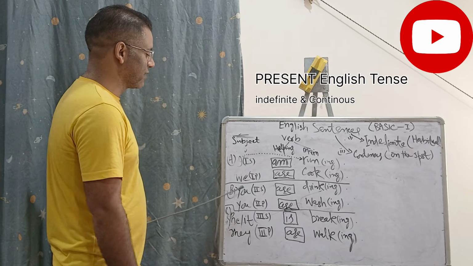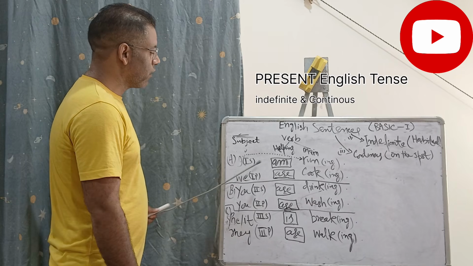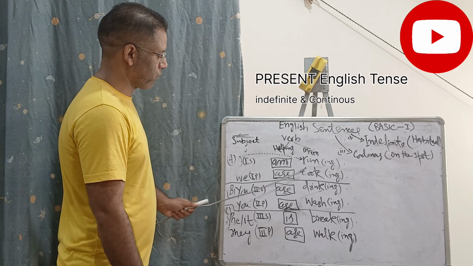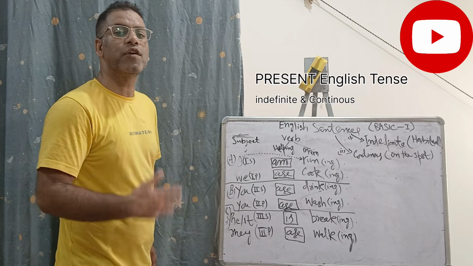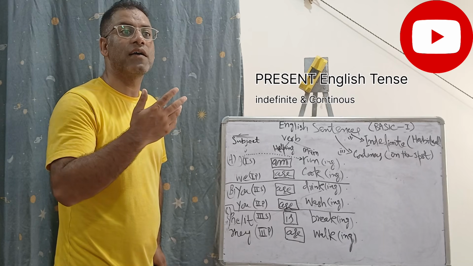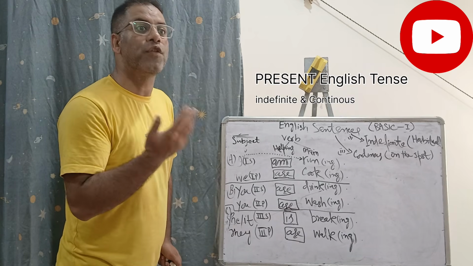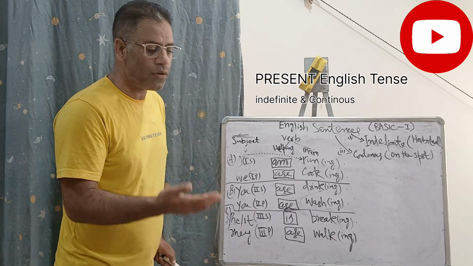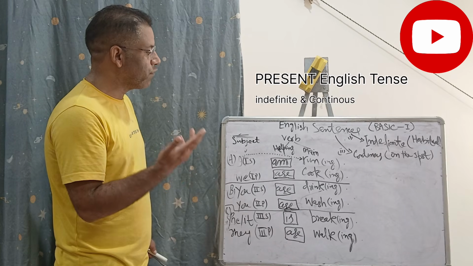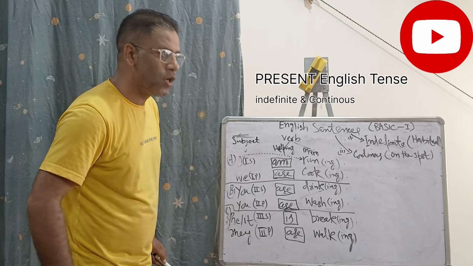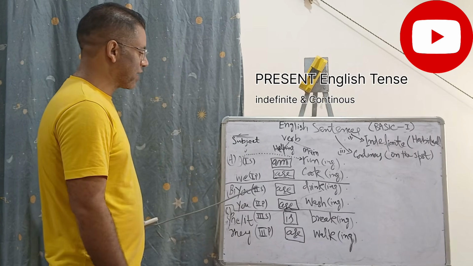Likewise, we say that we cook. We give somebody information that we know how to cook. No doubt, right now we don't cook. Maybe yesterday we cooked, maybe in future we'll cook, but right now we do not cook.